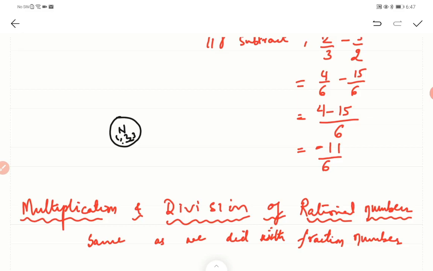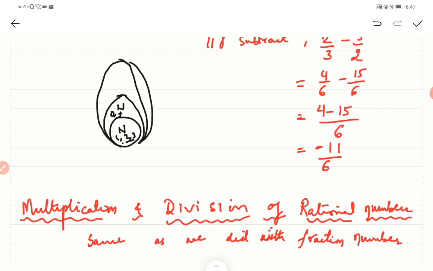Yes. So the next set of numbers is what? Your whole numbers, which is represented by W. So whole numbers include 0 and all the natural numbers, right?